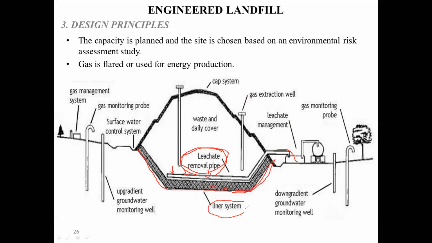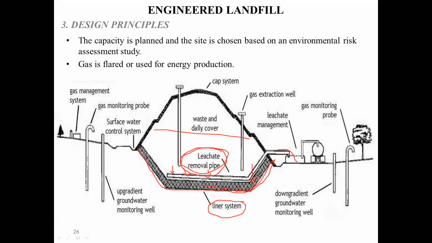These liner systems are designed based upon the weight, the area, and the characteristic properties of the liner. See, if we have the GT, you have geotextiles and geomembranes. They act as separators, and they act as filtration mediums.